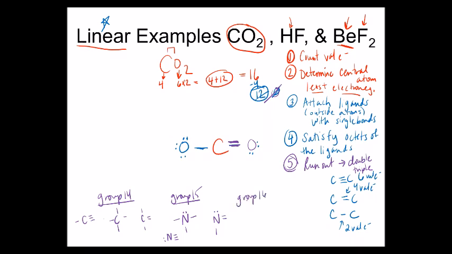Group 16 is the oxygen group, and especially for oxygen here, oxygen likes to do 2 bonds and 2 lone pairs. Yes, there's an occasional crazy exception like carbon monoxide, but it's very rare to ever see oxygen do 3 bonds and 1 lone pair. It's typically 2 bonds, 2 lone pairs.